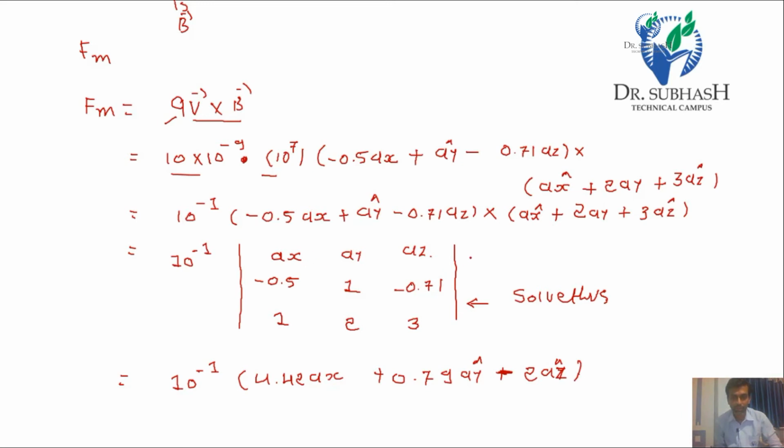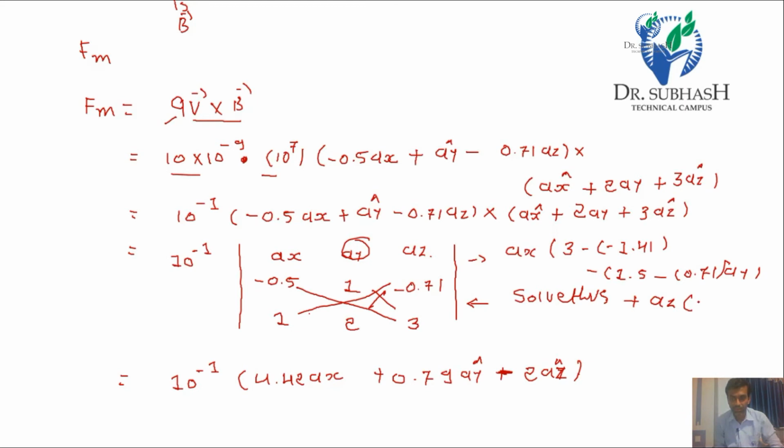For solving, first of all we take the ax component: 3 minus 1.41 gives 4.42 ax... minus 1.5 for ay, minus 0.71 ay... plus az, minus 1.0, minus 1, say 1.